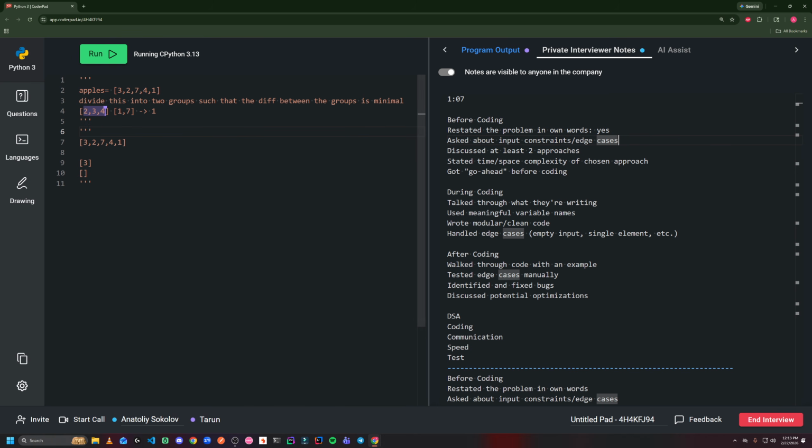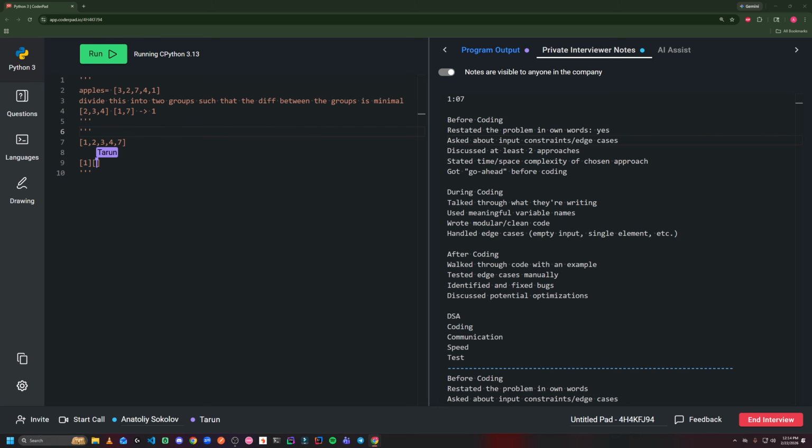So here in the first case, we have 2, 3, 4, and 1, 7. So I need to split the apples. What I'm thinking is, initially I can sort it. If I sort it, I will get the sorted order like 1, 2, 3, 4, and 7. Checking which approach I need to. So if I sort it, I get this, and I need to split. I'll try splitting from each side.